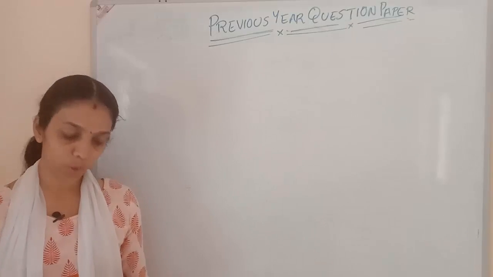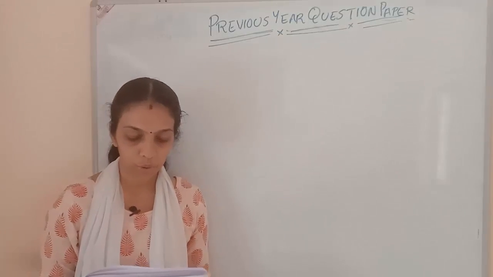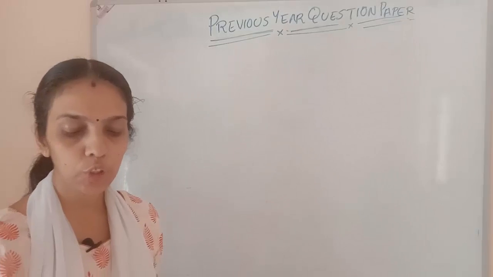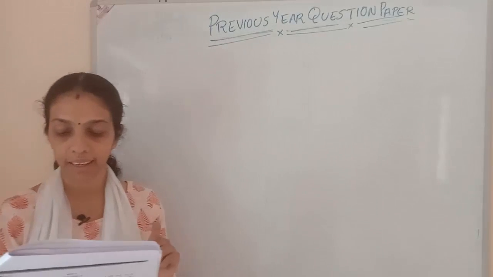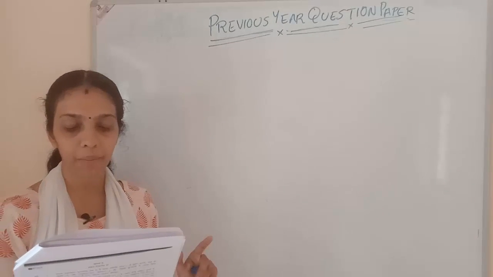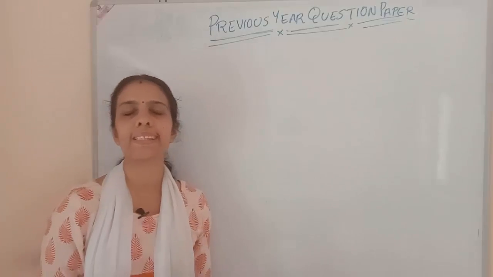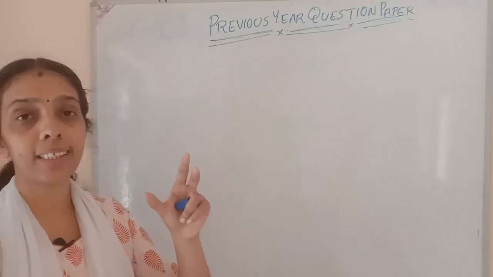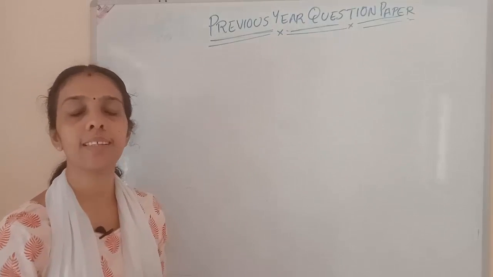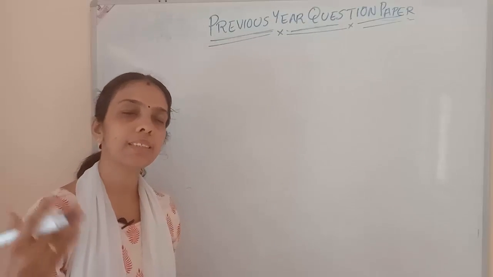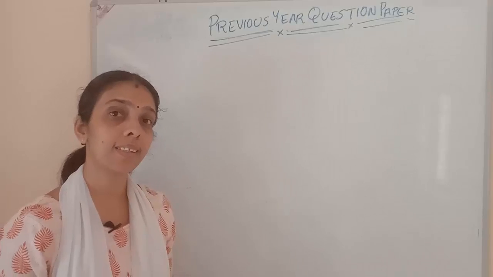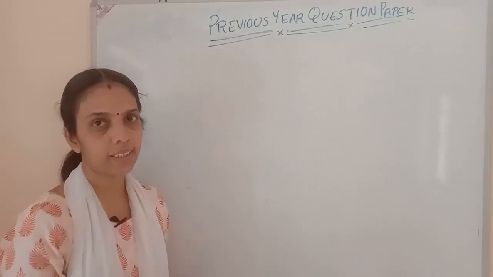Next is the 24th question. Show the variation of resistivity of a conductor and a typical semiconductor as a function of temperature. As temperature increases, what will happen to resistance in the case of a conductor?